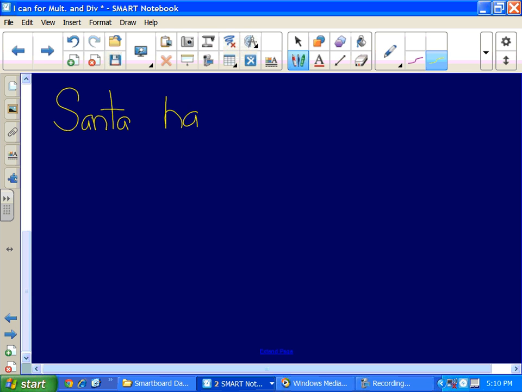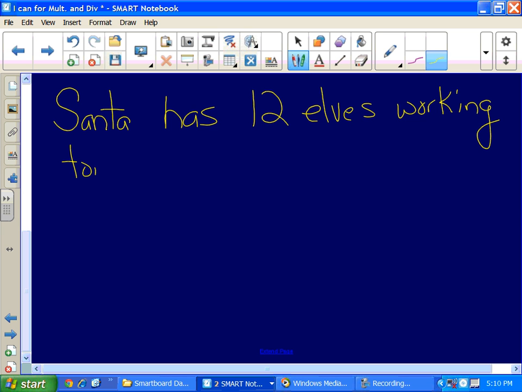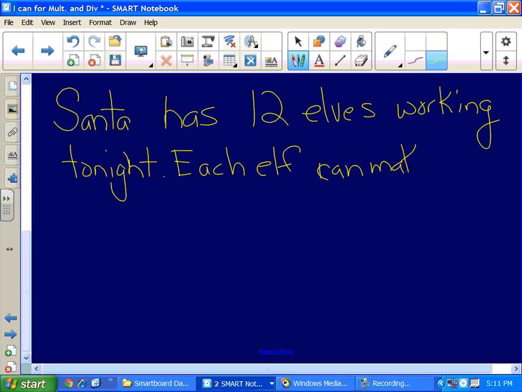Santa has 12 elves working tonight. Each elf can make 25 toys in one night.